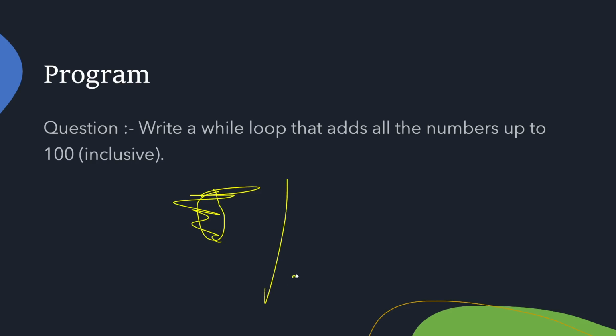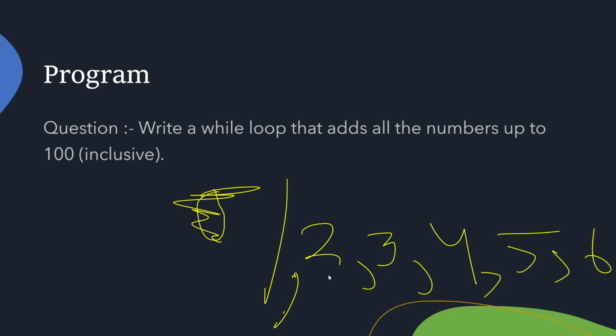So it will be 1, then 2, then 3, then 4, then 5, then 6, right? And eventually till 100 we will get. And the condition also I will tell you what we are using. We are using if the... oh, you're not able to see this, guys.